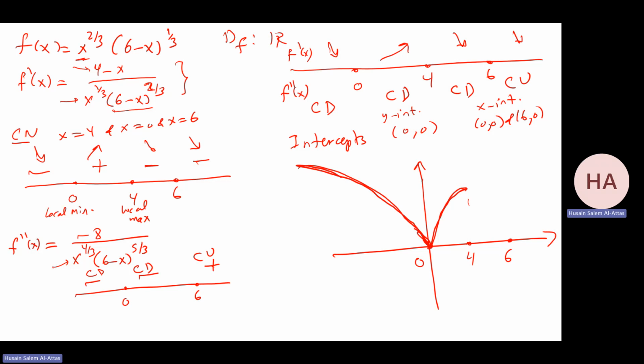At 4, it will go down and concave down still. That will do something like this, up to 6. Then from 6, it's concave up and decreasing. So it will do something like this. Okay, so this is a sketch of the graph.